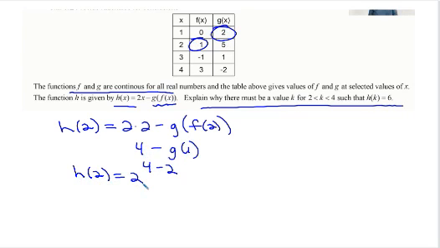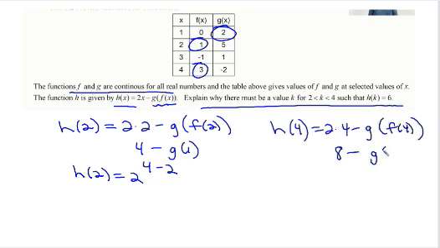Then if we try h of 4 in our function, we have 2 times 4 minus g of f of 4. F of 4 is 3, so we're going to have 8 minus g of 3. And g of 3 is 1.